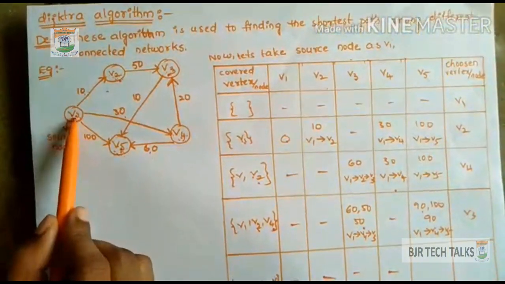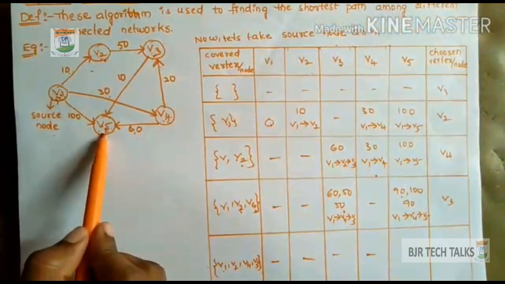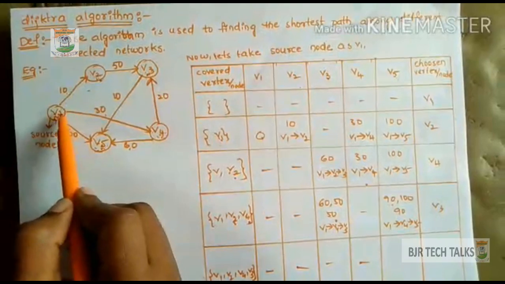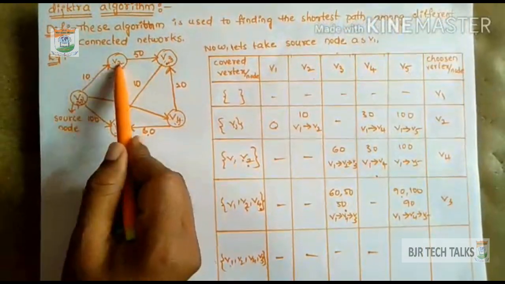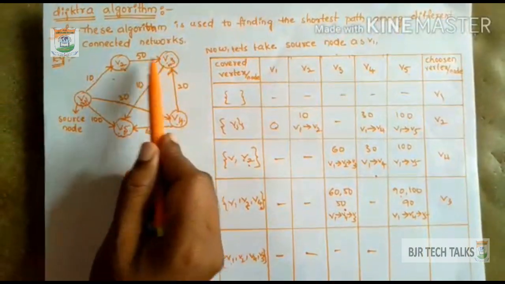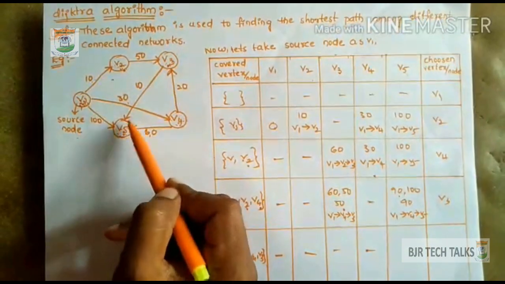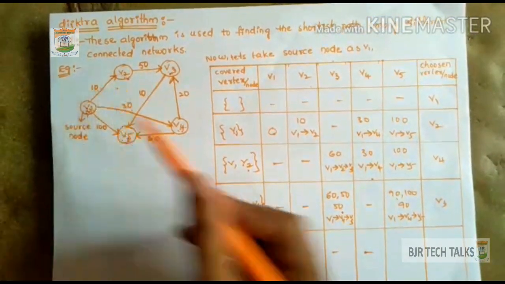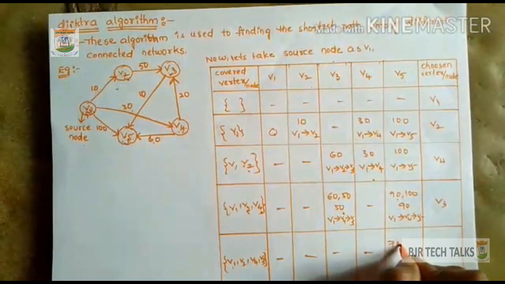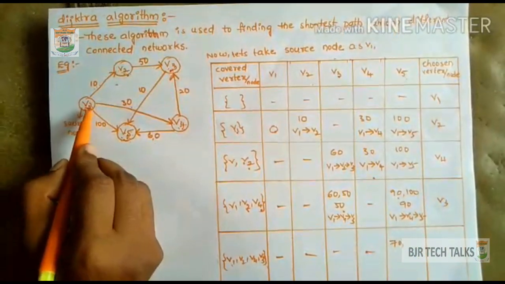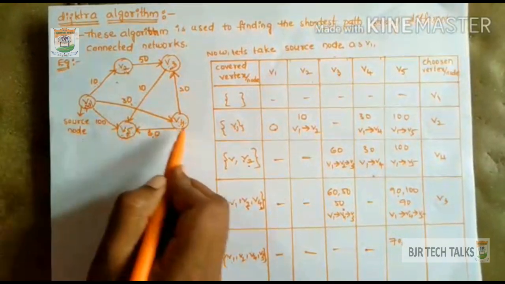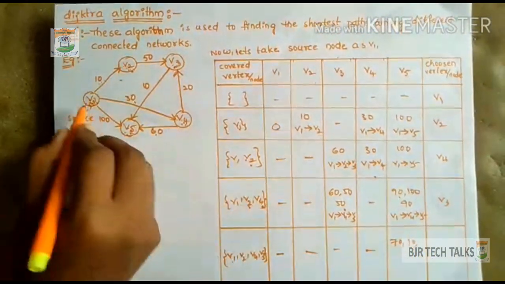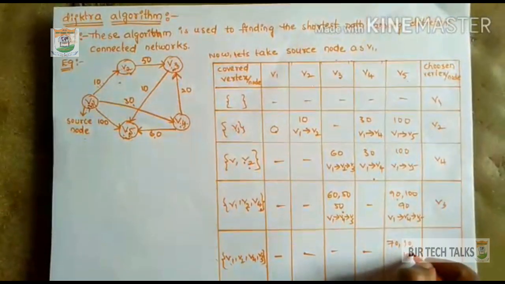V1 to V2, V2 to V3, V3 to V5. And there is another way, V1 to V4, V4 to V5. There is also a way V1 to V5. V1 to V2 is 10, V2 to V3 is 50, V3 to V5 is 10, 10 plus 50, 60 plus 10, 70. The other way, V1 to V4 is 30, V4 to V5 is 60, 90, and V1 to V5 is 100.